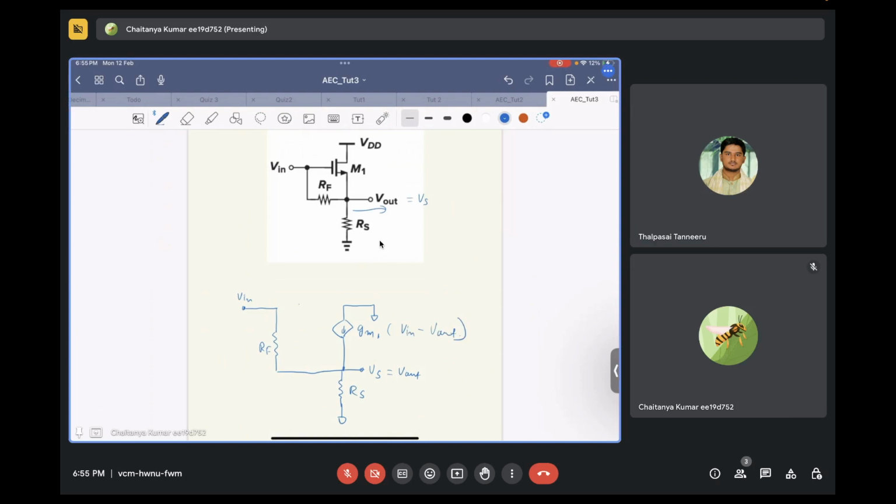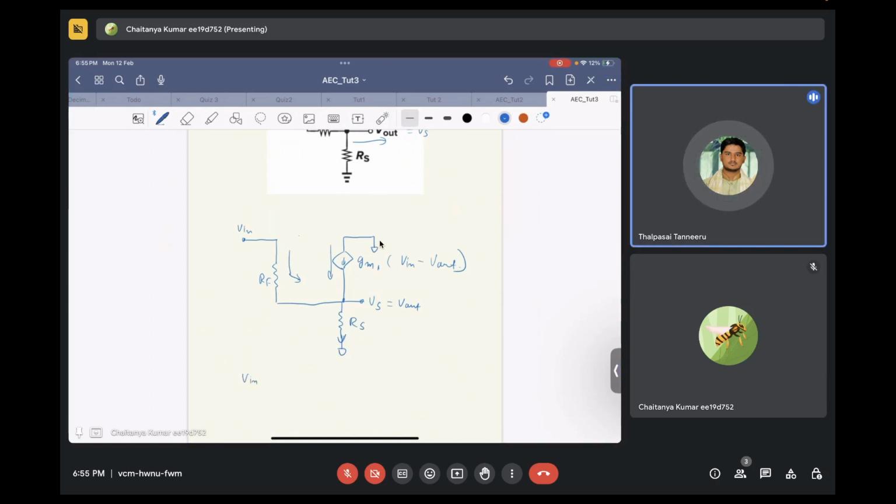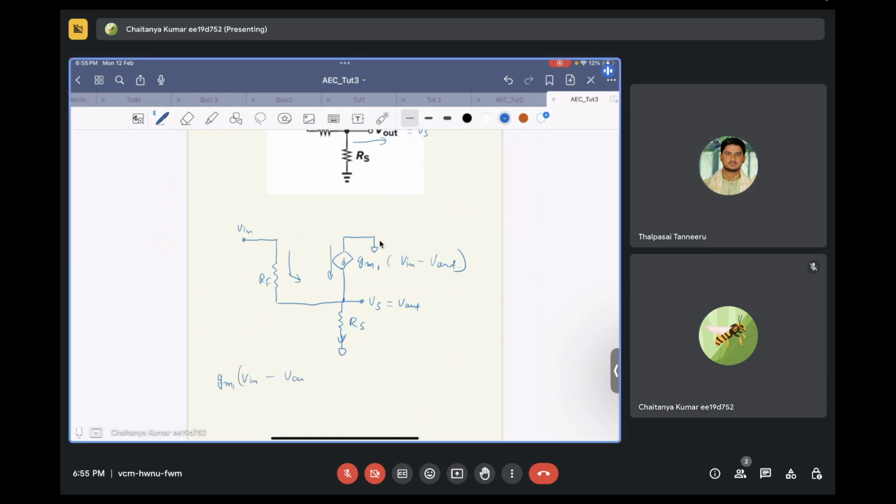So now what will be the current that will be flowing in your RS? One will be this current, other will be this current. What is the total? GM1 times V in minus V out.